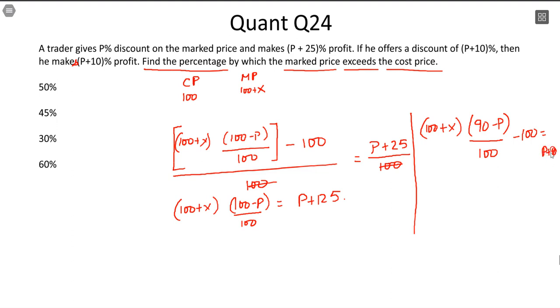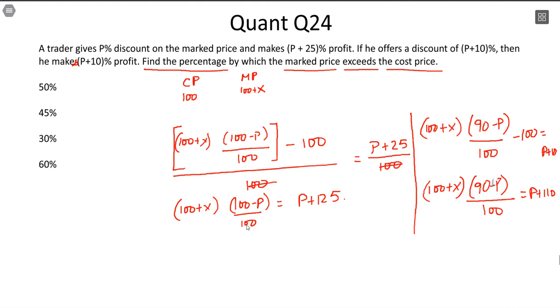So from here I will get (100 plus X) into (90 minus P) upon 100 is equal to P plus 110. Okay.